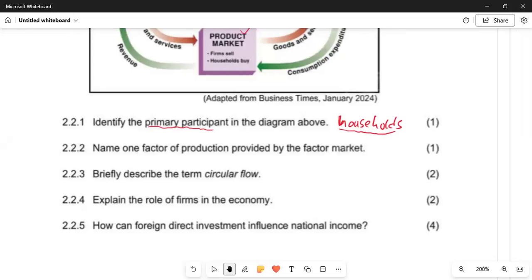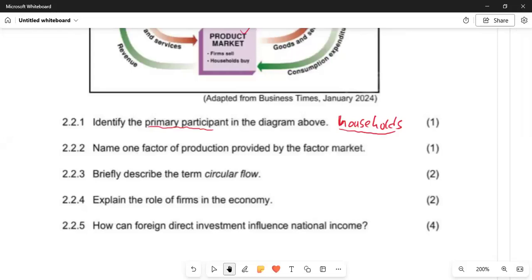So now let us move on to 2.2.4. It says explain the role of firms in the economy.